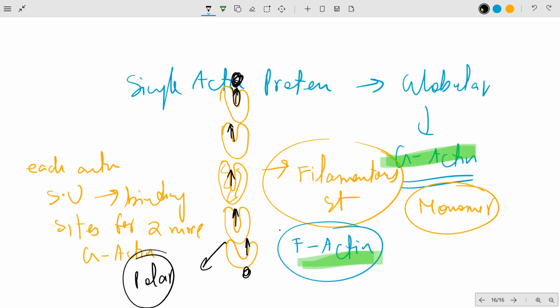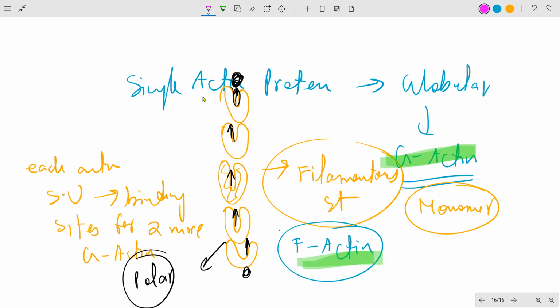भाई इतनी बात समझ में आ गई कि जो actin filaments हैं, they are polar, and this polarity is very important. We know this polarity of actin filament is very important. क्यों भाई? Why this polarity is important? क्योंकि polarity is important to guide the movement of other proteins. For example, myosin. How does the myosin know in which direction I have to move?